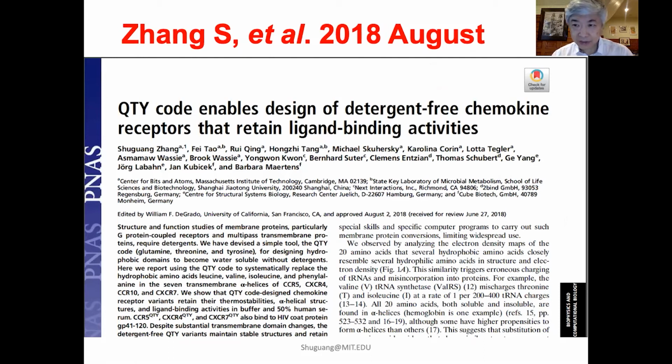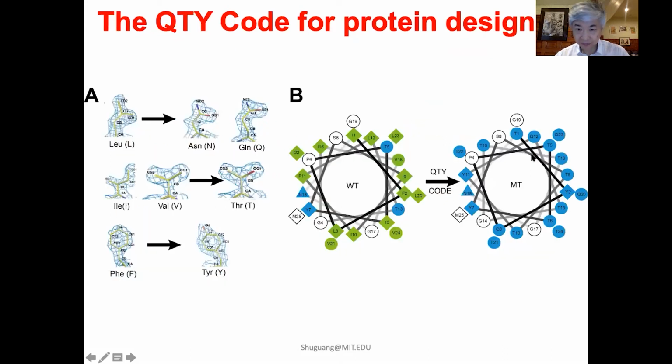After 7 years, persistence, luck, and the wisdom of Alexander Rich, we finally conquered this research, making membrane protein become water soluble. I call this the QTY code, which enables design of detergent-free chemokine receptors that retain ligand binding activities. Here is the example.